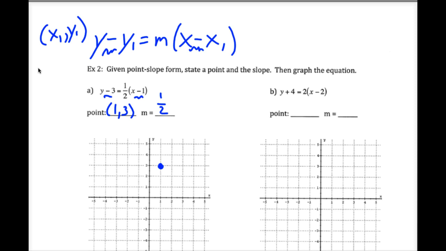Down 2 over 1? No, you guys are not thinking. Down 1 over 2. How about up 1 and right 2? Or down 1 and left 2? Okay? Straight edges. You just graph that line, guys. You've got the important information from the line, and you graph it.